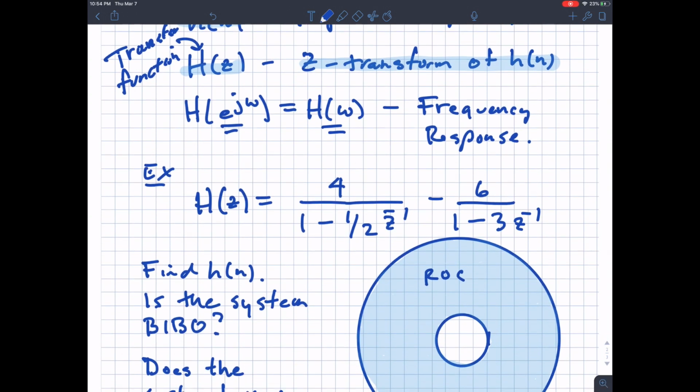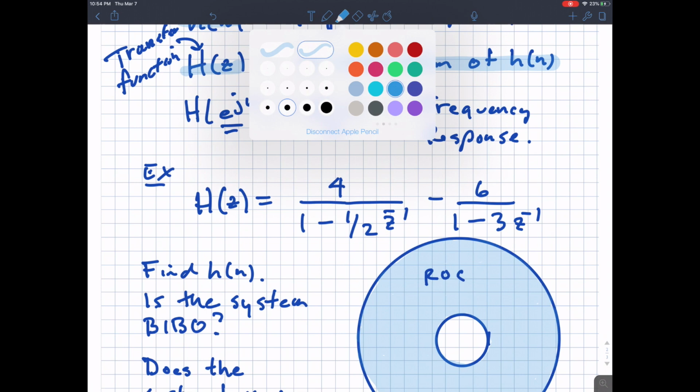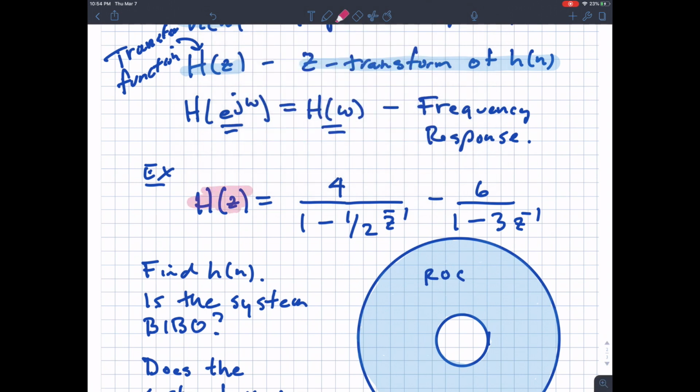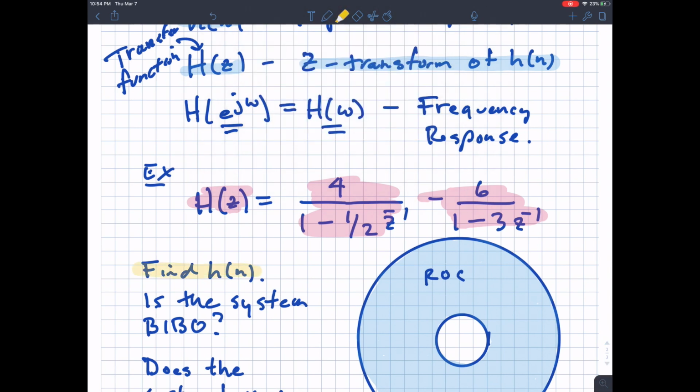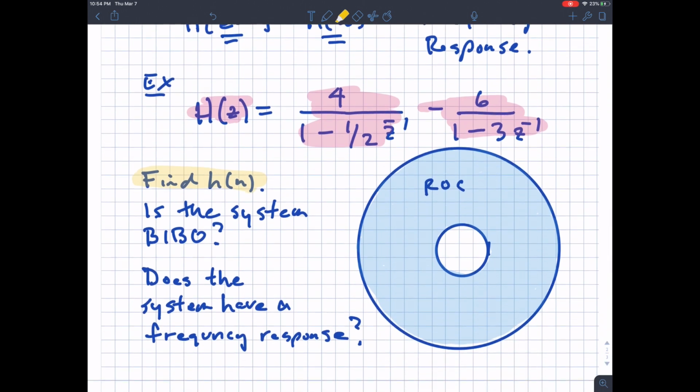Okay, so if I gave you this particular transform, here's h of z, and it's defined as this algebraic expression plus this algebraic expression. Can you find h of n? Okay, and so in that case, really that's just an inverse z transform problem. And then we're also wondering, is this system BIBO, and does it have a frequency response?